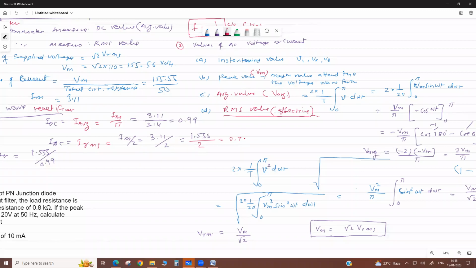It comes to 1.57. No, it is not ampere, it is a factor.